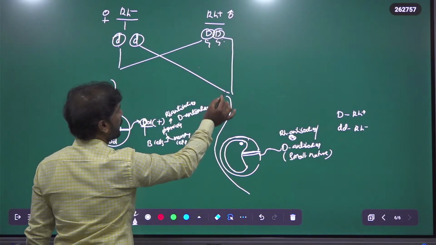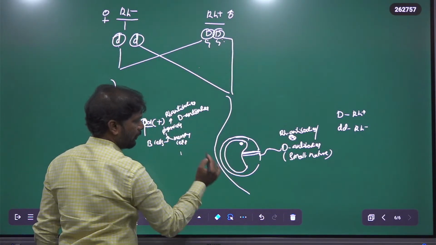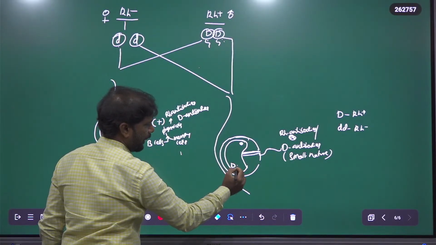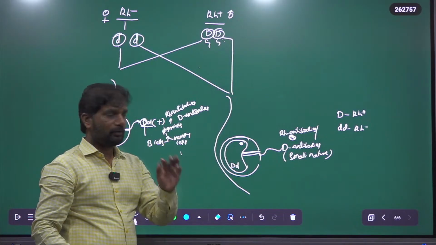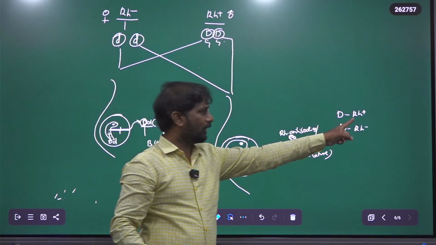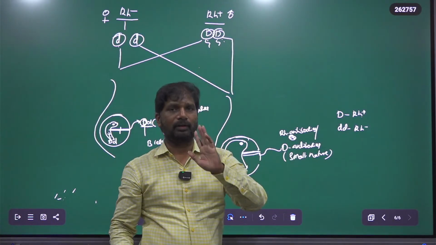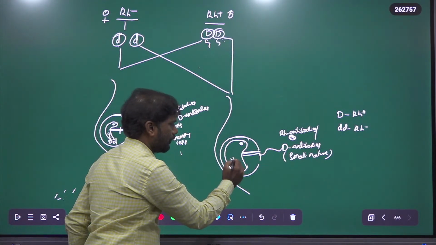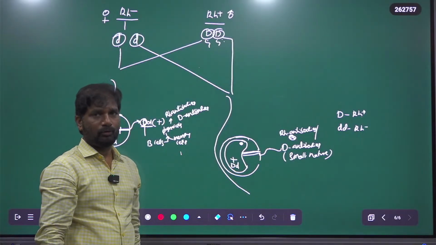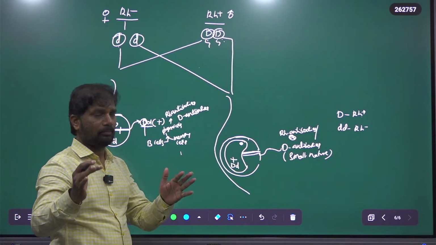What type of fetus develops in the mother's uterus? It has a capital D and a small d. Capital D is present, and the presence of capital D indicates that the Rh antigen is present, meaning it is a positive fetus. This is the second pregnancy.